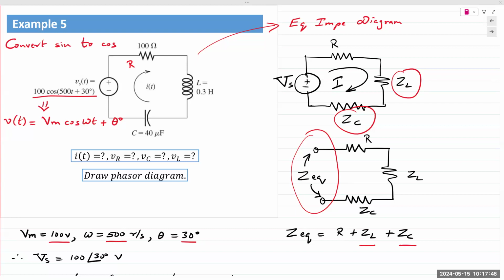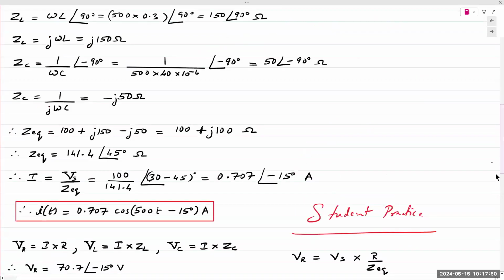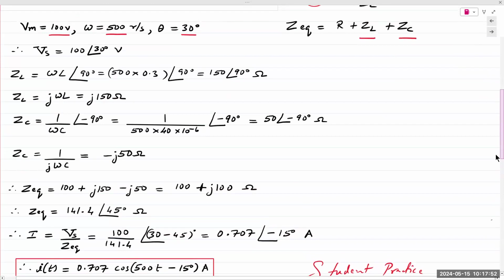So now we can begin our calculations. Vm is 100 volts, phase angle is 30. We can directly write the phasor for Vs, right? 100 with an angle of 30. That's it.